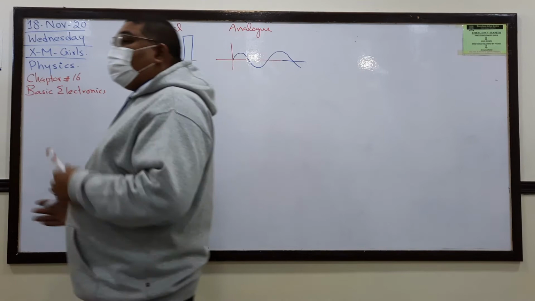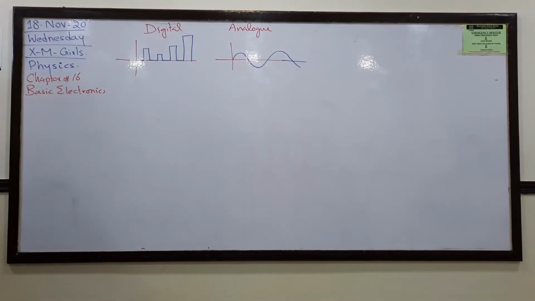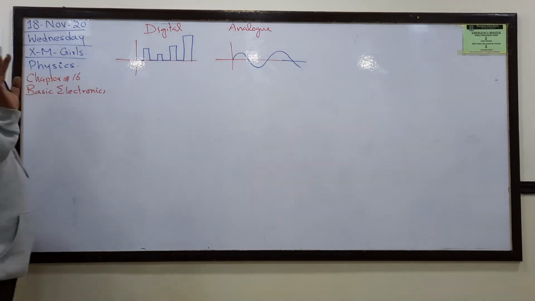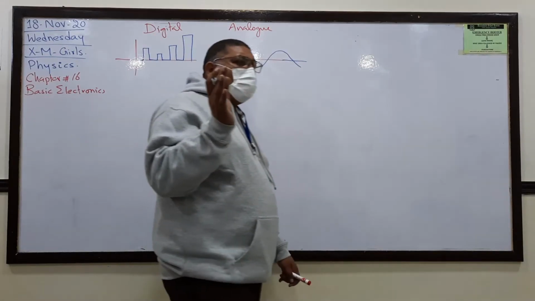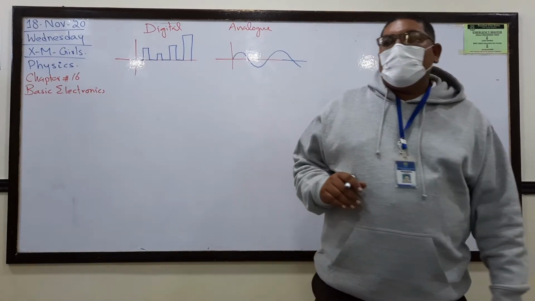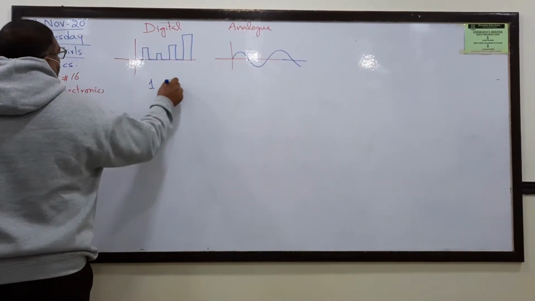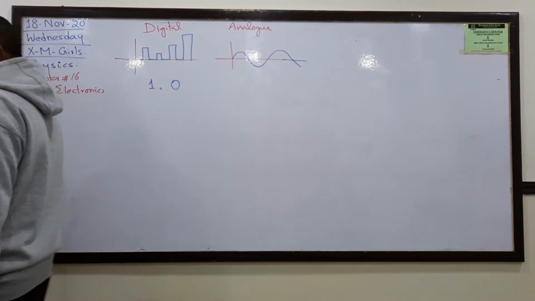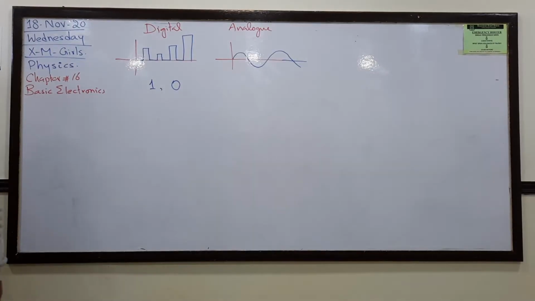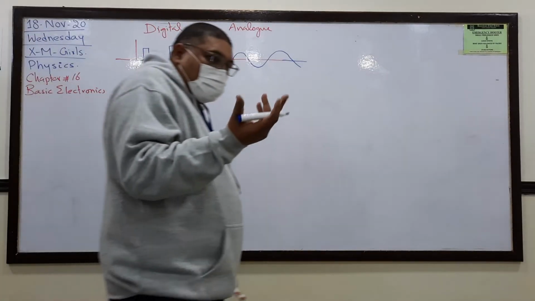Because we are going to study basic electronics, in the digital, you know what happens, we have only two states, and that is 1 and 0. The values can be either 1 or 0. Just learn it.